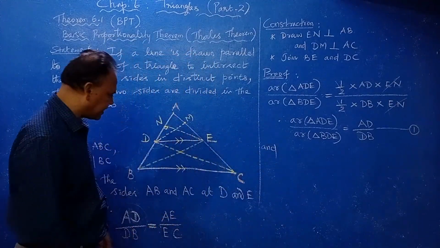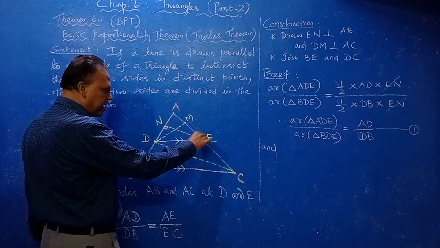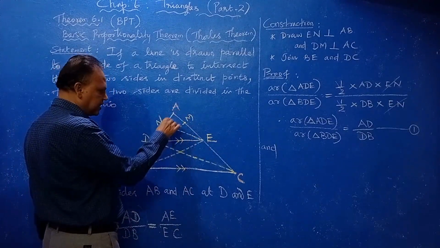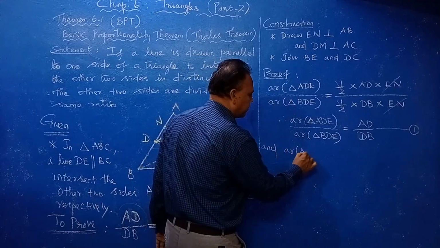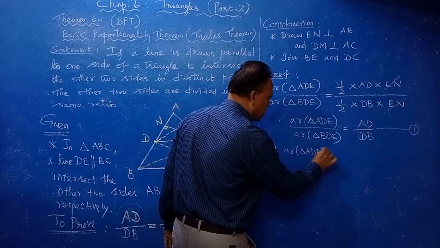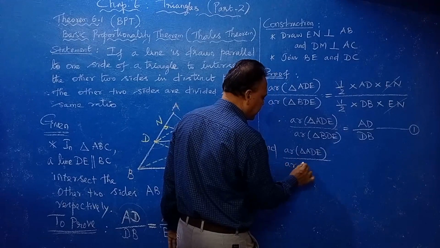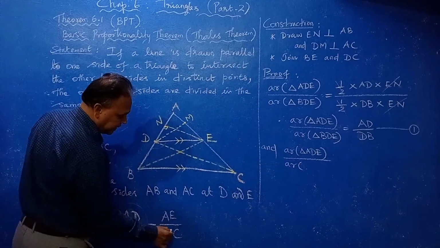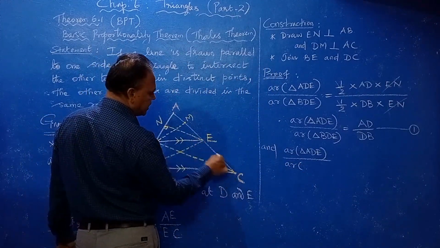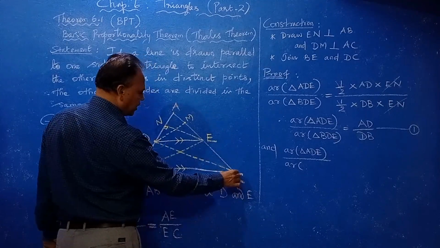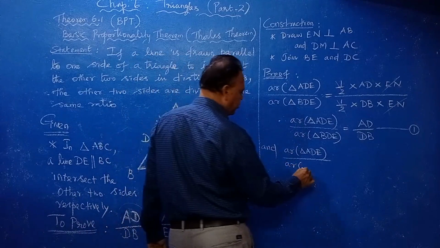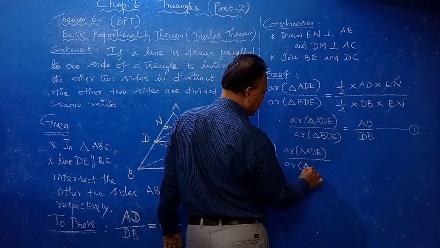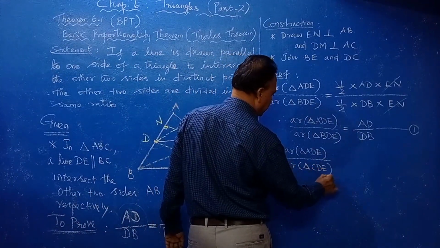Same way right hand side you have to do. Right hand side, based on AE, same triangle, area of triangle ADE you write, area of triangle ADE by area of triangle. Right hand side you have EC. So based on EC you take CDE.